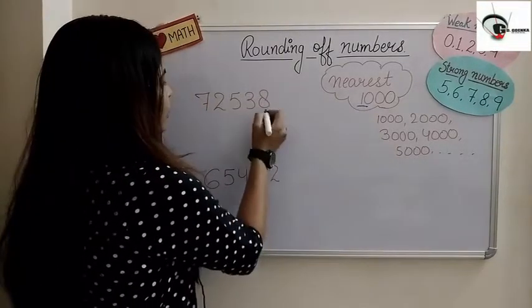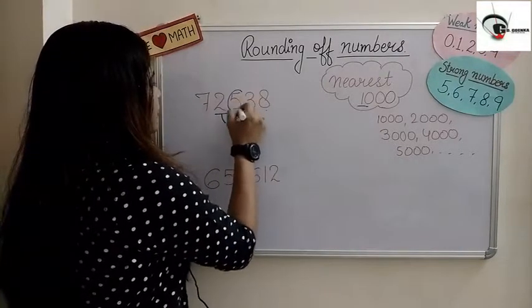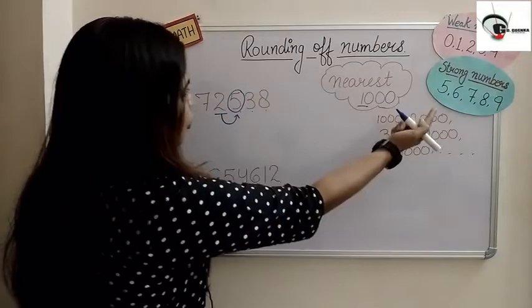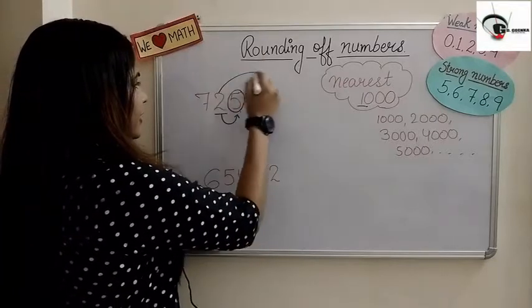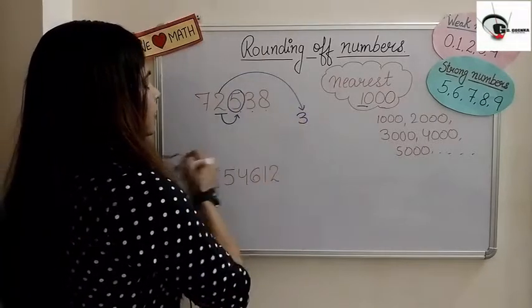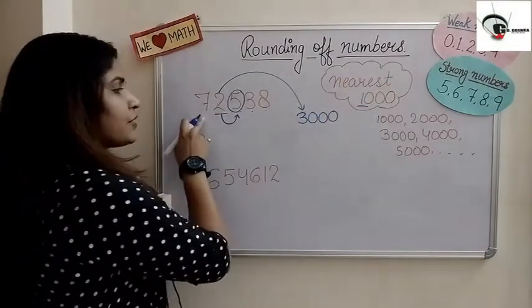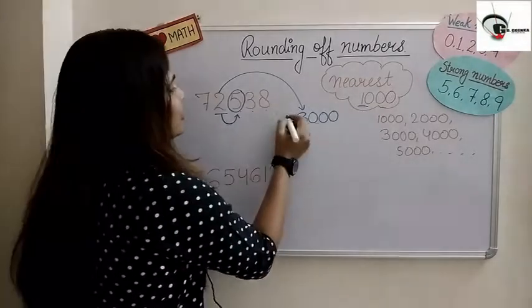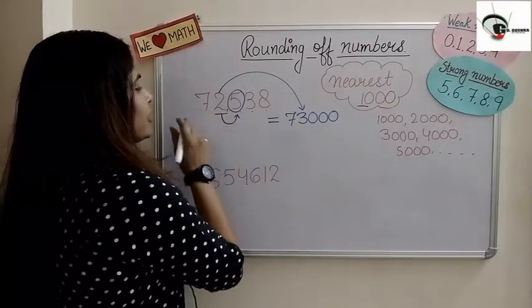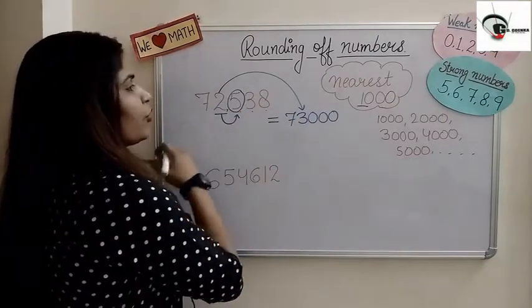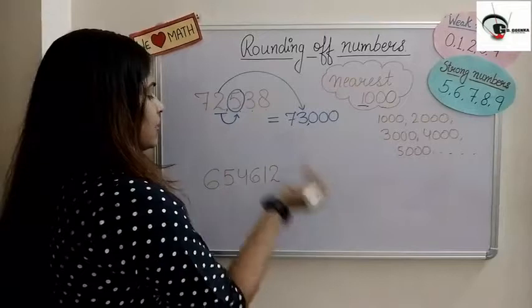That means 1000 place: ones, tens, 100, 1000, and we are going to circle this 5. 5 is a strong number, so it is going to push this 2 to the next number, that is 3. And these three numbers will become 0, 0 and 0. What will happen to this 7? This 7 will remain the same. It won't affect this number. So the number 72,538, if we round off to the nearest 1000, will become 73,000.